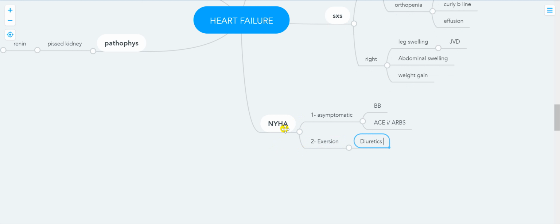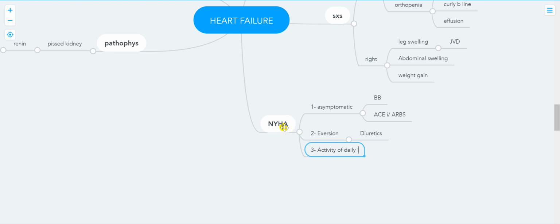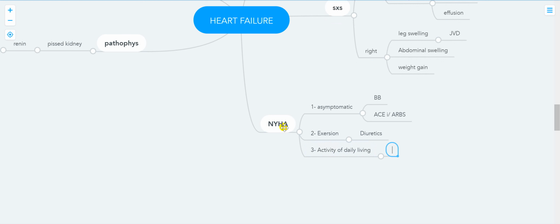Spironolactone is going to be class 3, where symptoms limit activities of daily living. This is when you consider spironolactone, or we can use something called vasodilators.